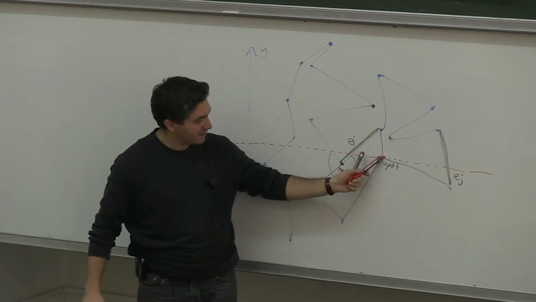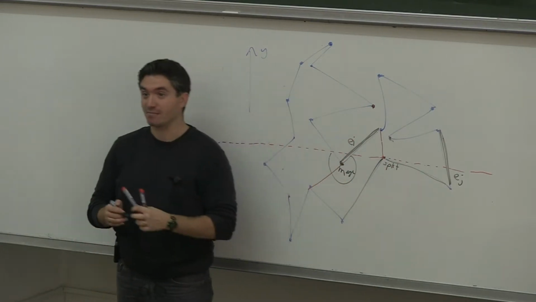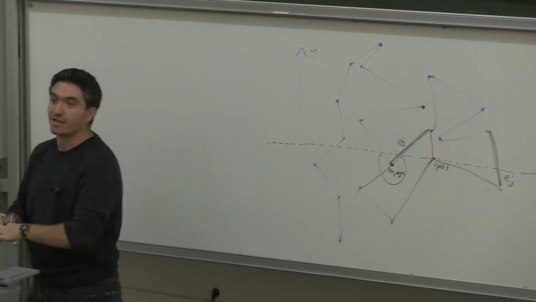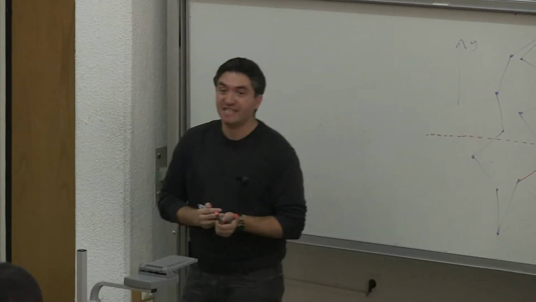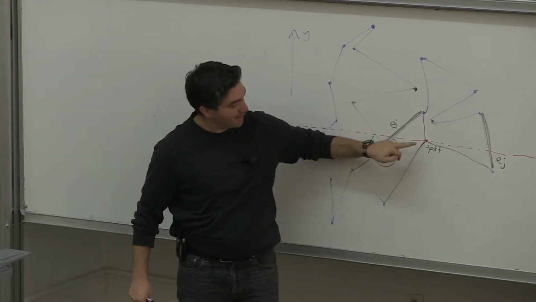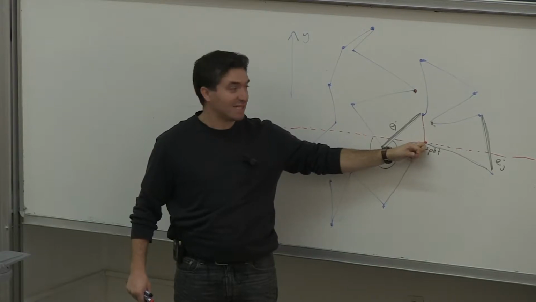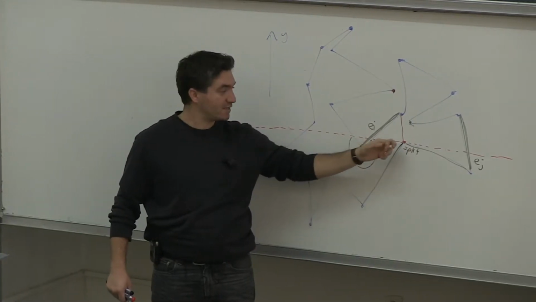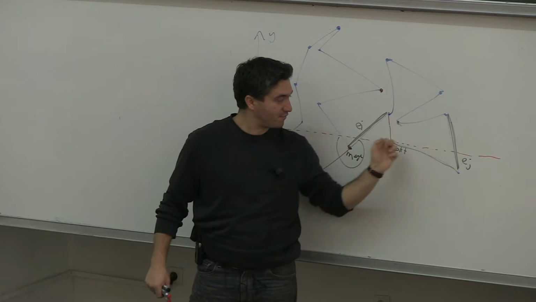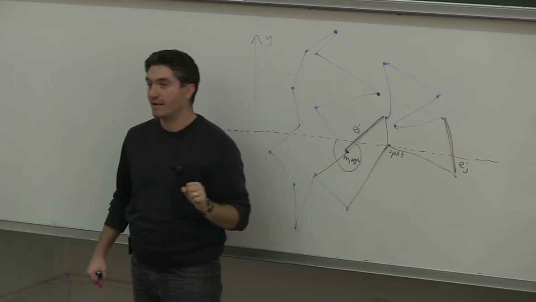I mean, this vertex is not incident to EI or EJ, but when the sweep line reaches this point, the edge immediately to the left of this vertex and the edge immediately to the right of this vertex on the sweep line are EI and EJ.